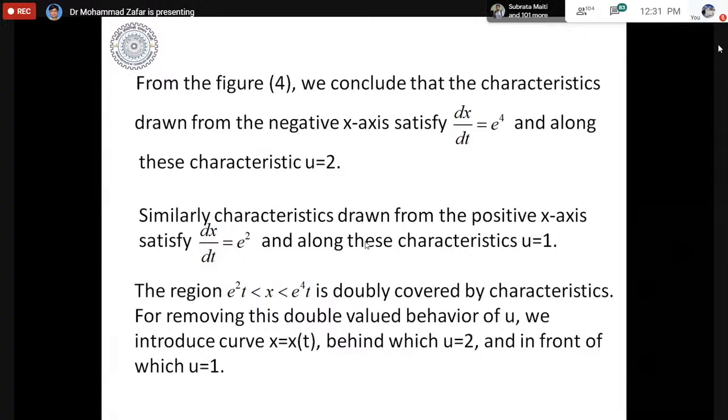For removing this double valued behavior of u, we introduce a new curve x = x(t), behind which u is 2 and in front of which u is 1, by using the RH condition. Let us see.